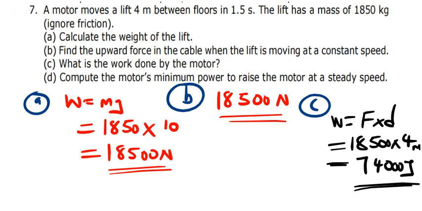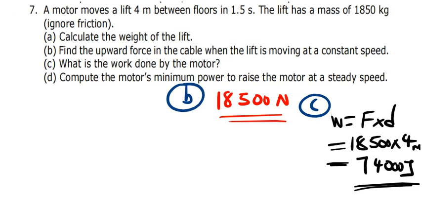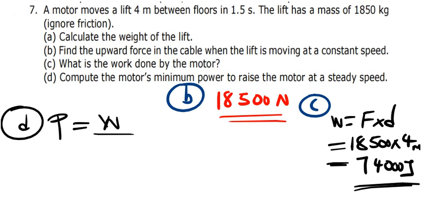Now let's solve the last question. D: compute the motor's minimum power to raise the lift at a steady speed. Now we're talking about power, and power is equal to work done over time. What is the work done? We just found the work done, which is 74,000 joules divided by the time. Have we been given the time?